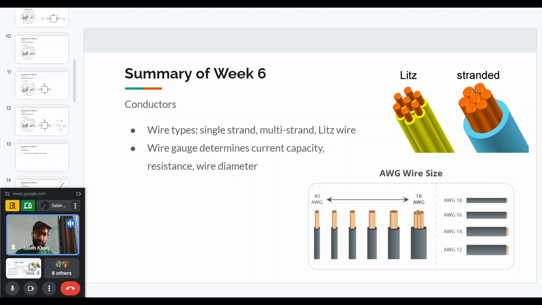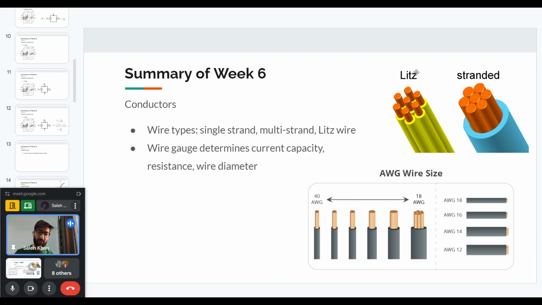Then we have what is called a Litz wire, which is also a multi-strand wire, but the difference compared to the normal stranded wire is that it has multiple strands and each of these strands is insulated from each other.